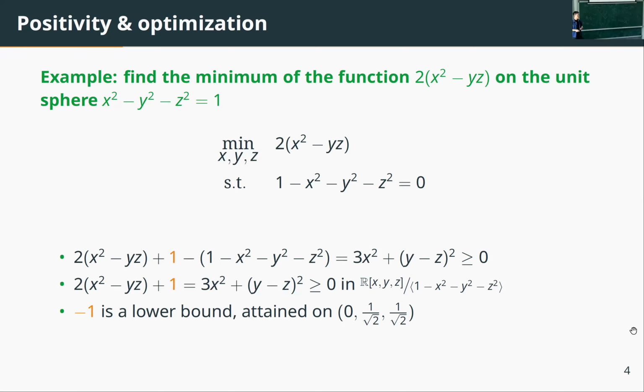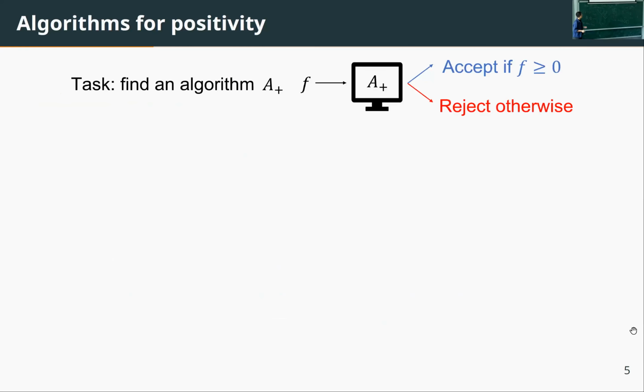So optimization problems are essentially positivity problems. To find an algorithm for optimization problems, you need an algorithm to determine positivity. So our task is to find an algorithm that takes a polynomial as input, accepts if this polynomial is positive, and rejects otherwise.